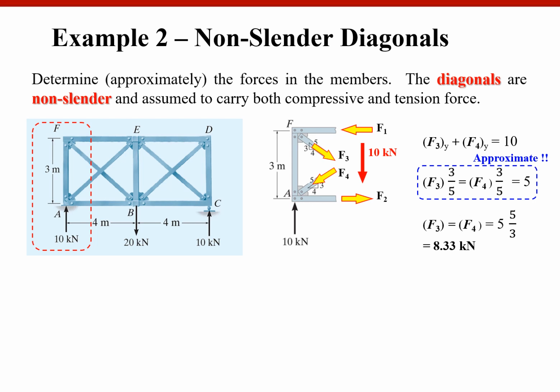That is an approximate relationship. So my answer is 8.33. Once you've got 8.33 here, if you analyze joint A, then only one is unknown.